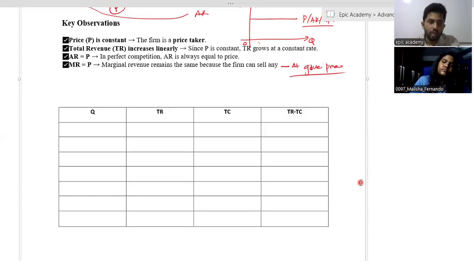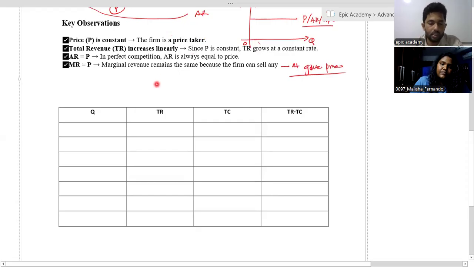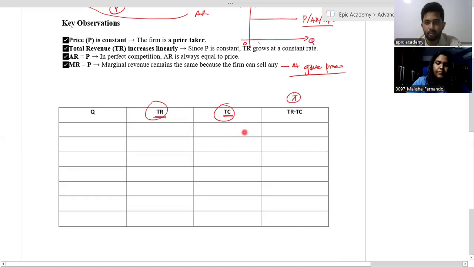The profitability will be decided according to the behavior of total revenue and total cost. The amount of total revenue and the amount of total cost always decide the profit of the organization.